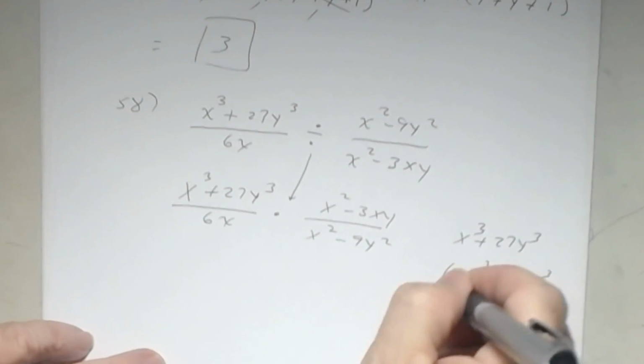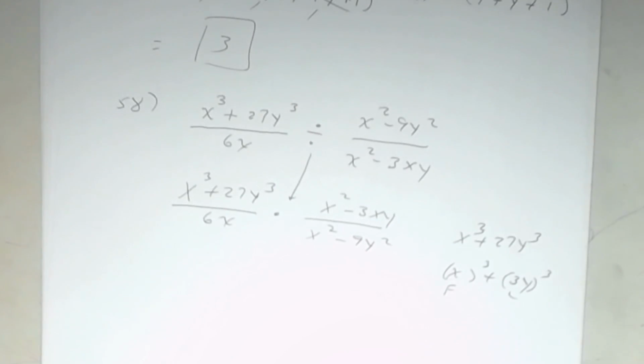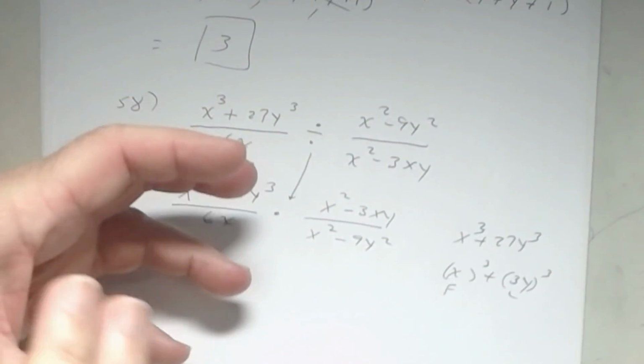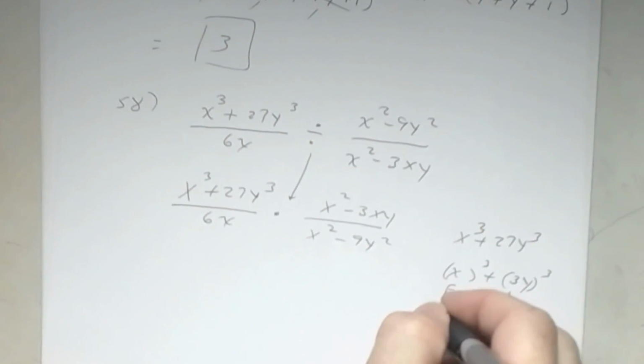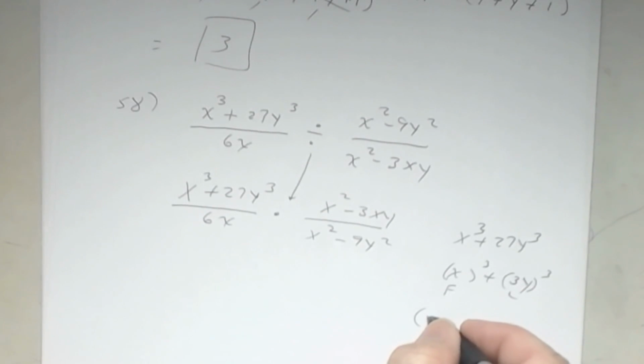So here's my F, here's my L. Remember, the sum and difference of two cubes is a binomial times a trinomial. So what's your binomial for this one? x plus 3y.